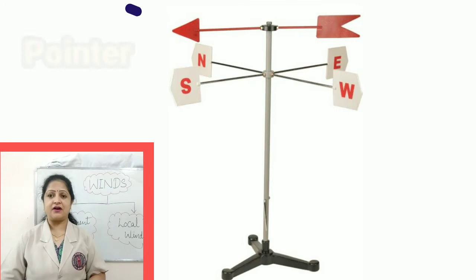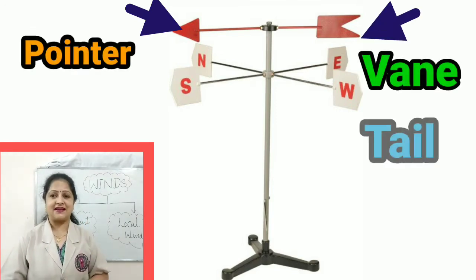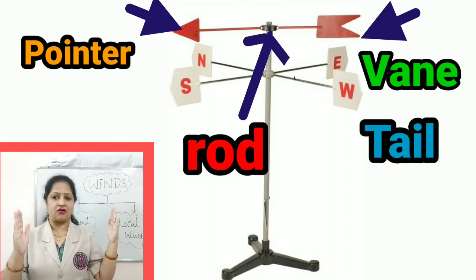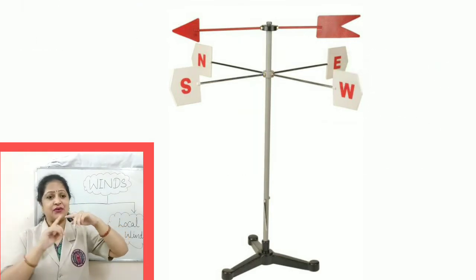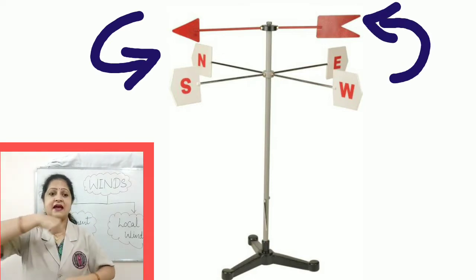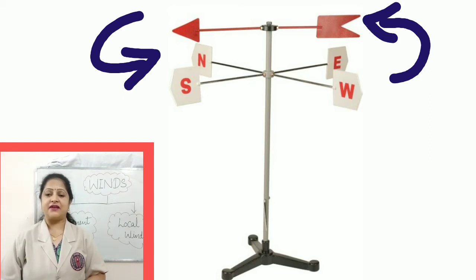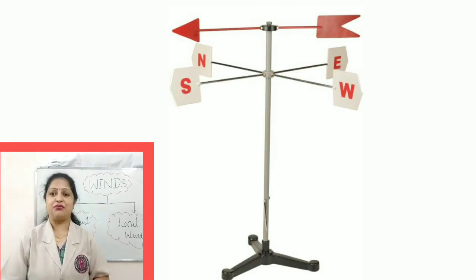It consists of a pointer and a vane, also known as a tail, fixed to the opposite ends of a horizontal rod, mounted at its center of gravity so it can move freely about a vertical axis. Wind turns the vane towards the direction to which it is blowing. Thus, the pointer points to the direction from which the wind is blowing.